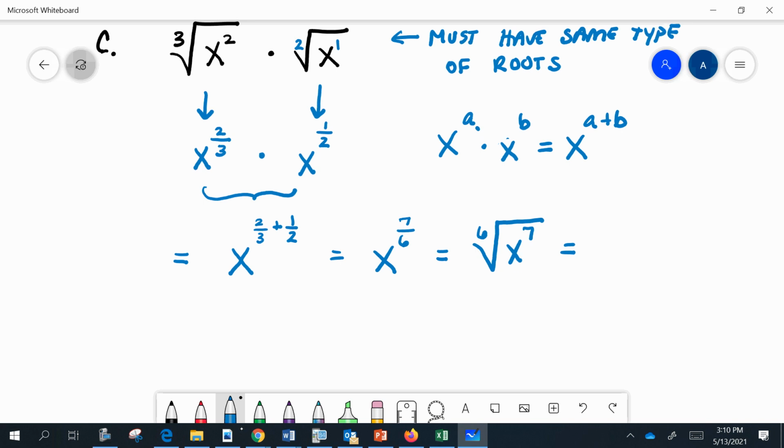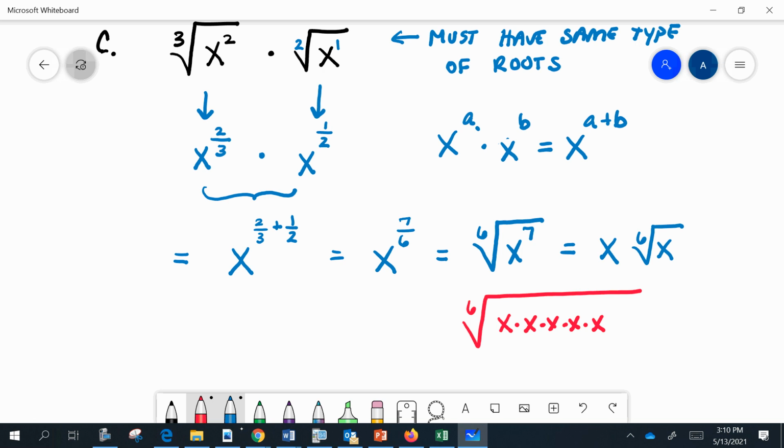We can make a group of 6. 6 goes into 7 one time, and we're going to have 1 x left over. So what that is, illustrated out, is we have the 6th root with 7 x's underneath. 1, 2, 3, 4, 5, 6, 7. And we can make one group of 6, so that's why I pulled out 1x with a single x left over.